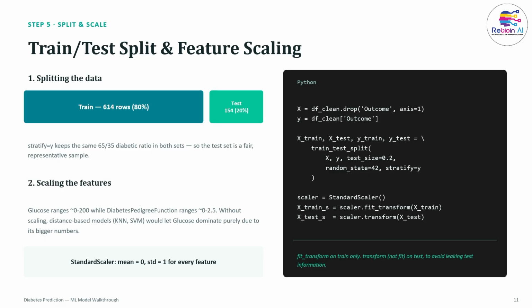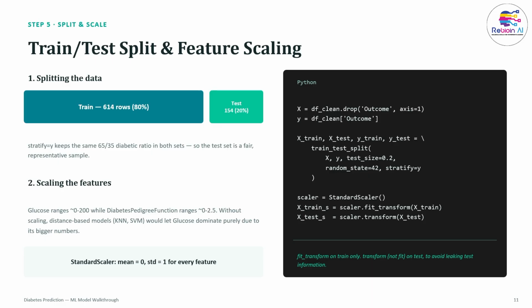Glucose ranges from roughly 0 to 200, while diabetes pedigree function ranges from about 0 to 2.5. Without scaling, models that measure distance between data points, like k nearest neighbors or SVM, would let glucose completely dominate purely because its numbers are bigger, not because it's actually more important.